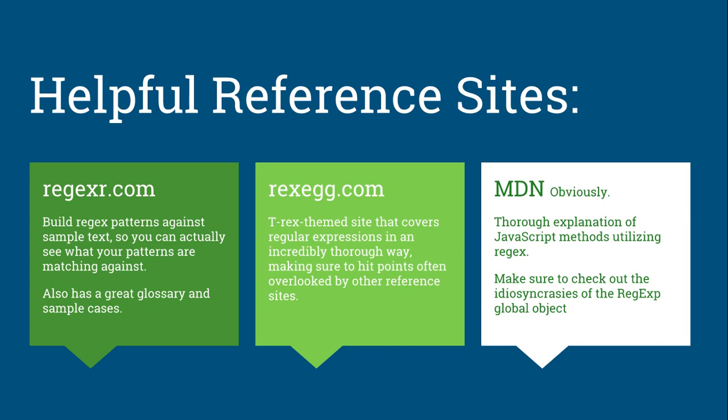There's also rexegg.com, which is a T-Rex themed site that covers regular expressions in a really thorough way and handles things that are often glossed over by other reference sites, so it's definitely worth looking into. And then obviously check out MDN. It has thorough explanations of the JavaScript methods utilizing regex, as well as some examples for you to reference. And also, there are some idiosyncrasies in the regular expression global object, so definitely make note of those.